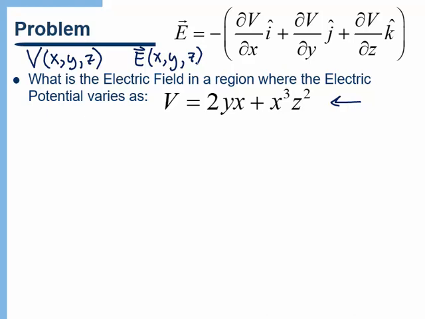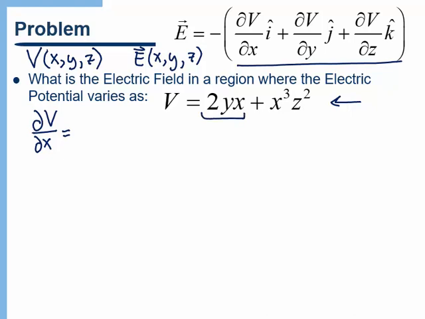So we want to implement this formula, and let's look at how we take those partial derivatives. Well, dV/dx, I want to just take the derivative like you know how to do with respect to x and just treat y and z like any other constant. So the derivative of x we know is 1.